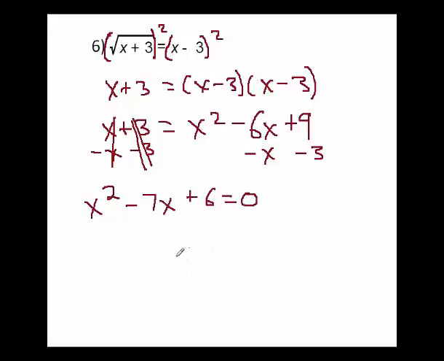Now, does this factor? It looks to me like it does factor, just off the top of my head. We've got an x and an x, and we've got a positive here and a negative here, which means both of these have to be negative. And it looks like 6 and 1 will work, because 6 and 1 multiply up to positive 6, and 6 and 1 add up when they're both negative to, of course, negative 7.